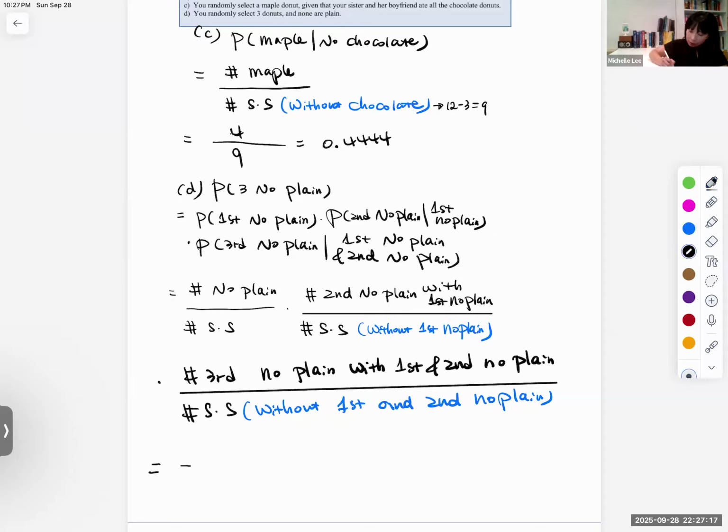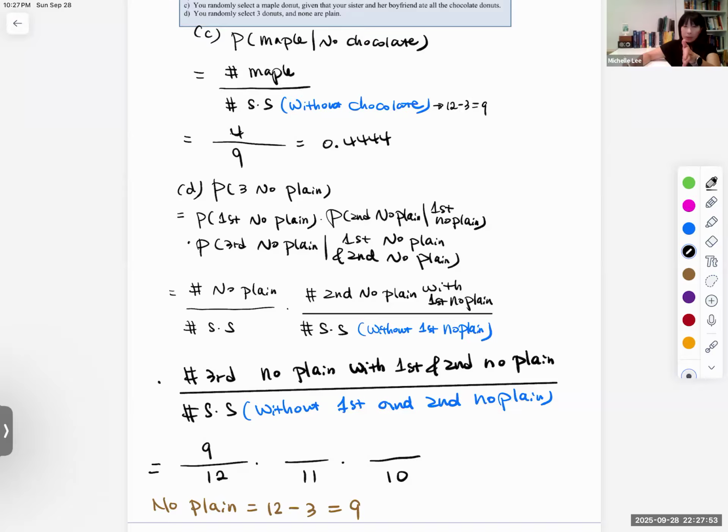So that will be 12, 11, like earlier with all chocolate, right? Yeah, 10. Then the number of no plain. How many no plain? 12 minus 3, plain is 3, right? So it's 9. Let me write down: no plain, 12 minus 3 equals 9.